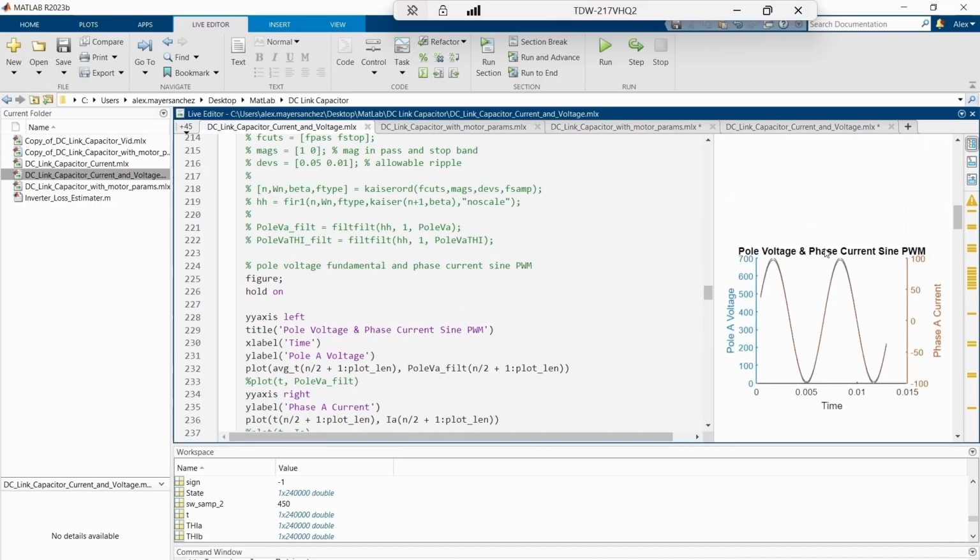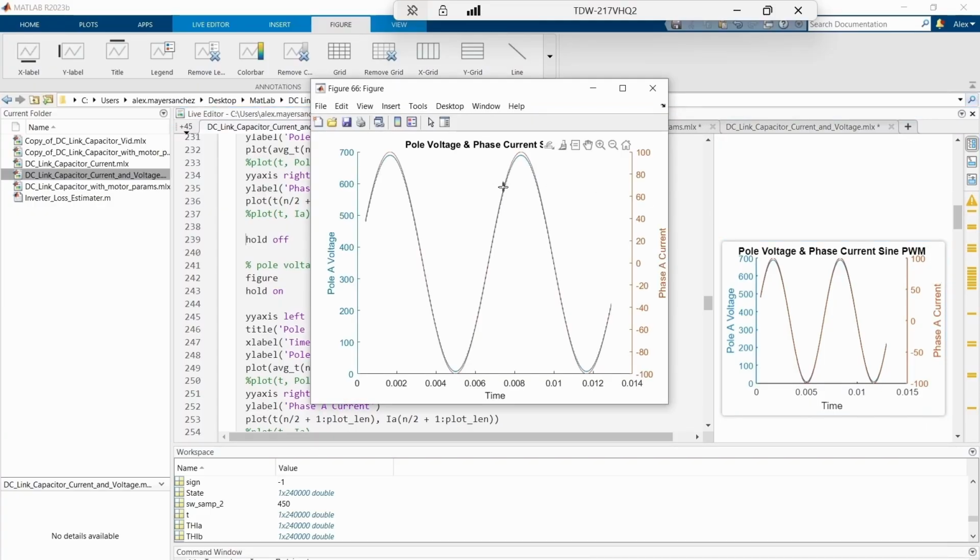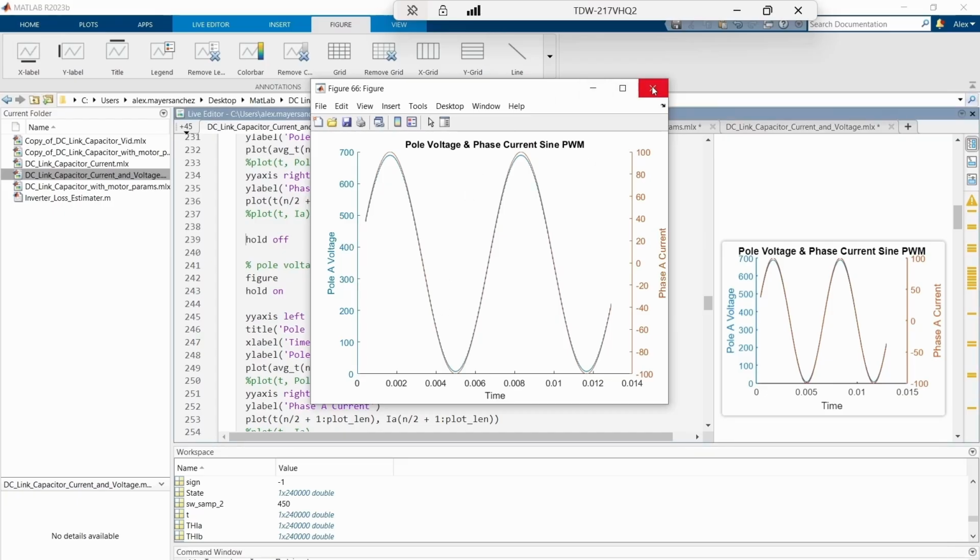And here, now you can see, after filtering that out, the blue is actually the pole voltage, and you can see it's at the frequency of the fundamental. And because the power factor is 1, it's in phase with the sine wave created for the current.